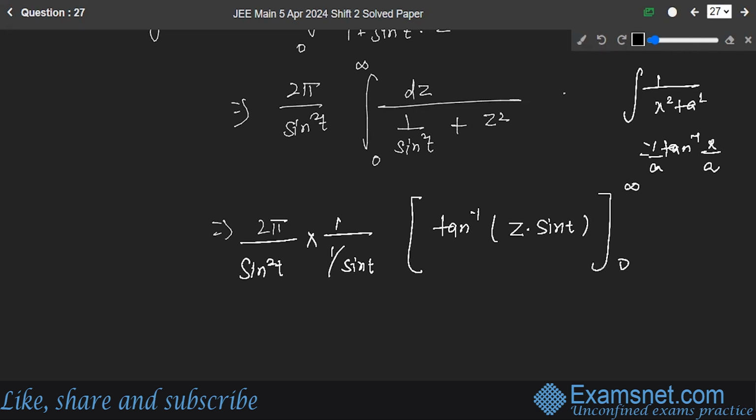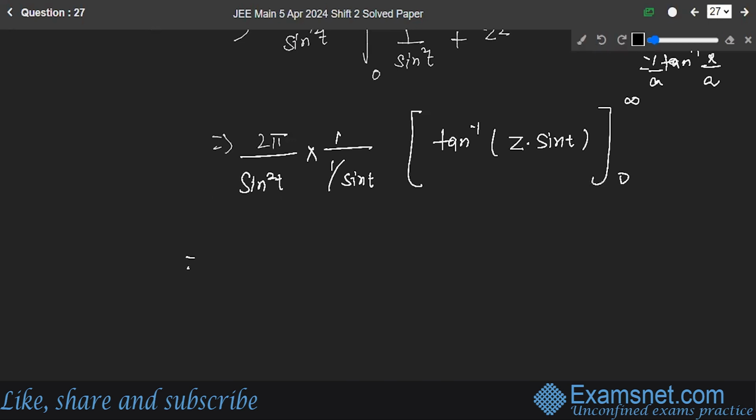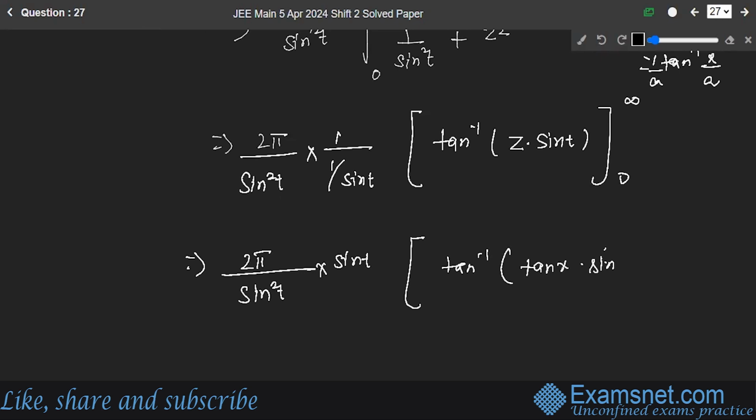The limits will be this. Now let's put z is equal to tangent of x. This will be sine square t into sine t. This is tangent x into sine of t. See, I'm putting the z value, so the limits will be now 0 to pi by 2.